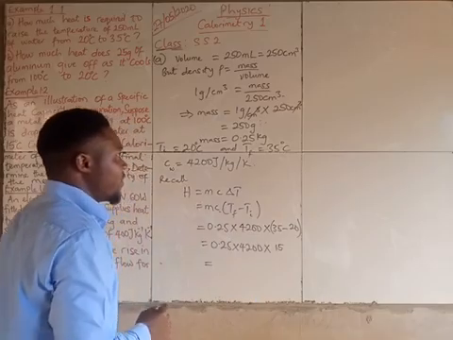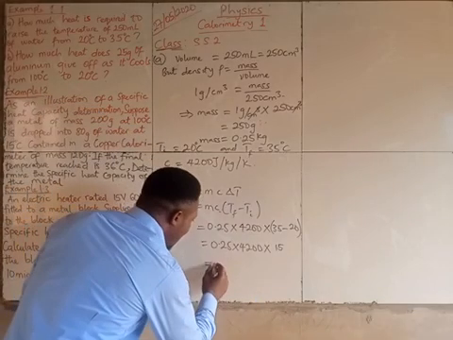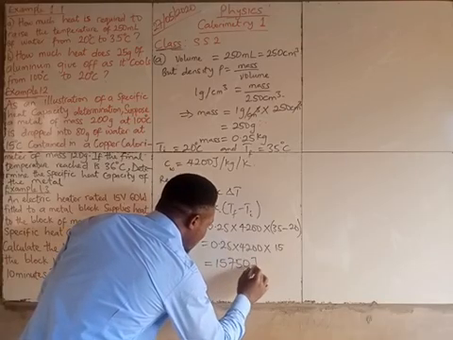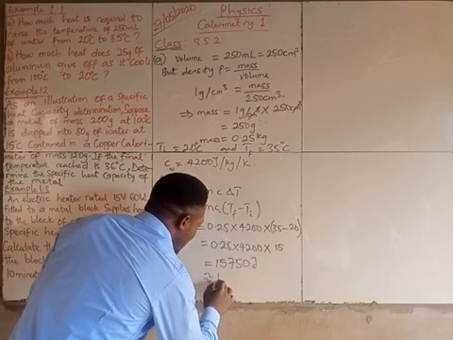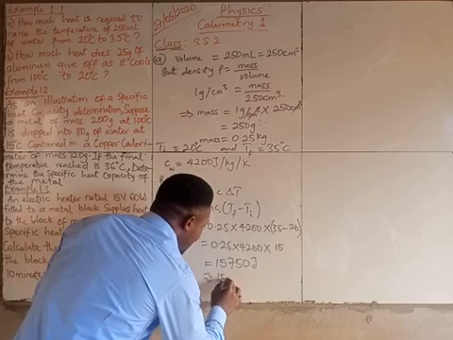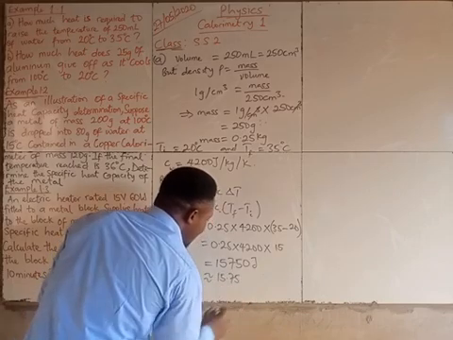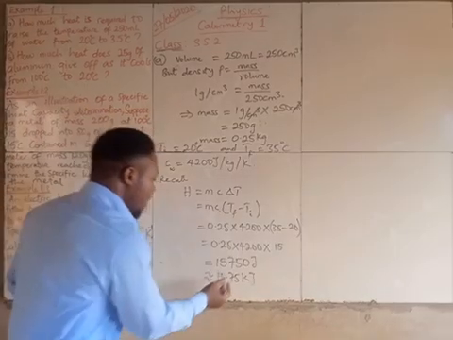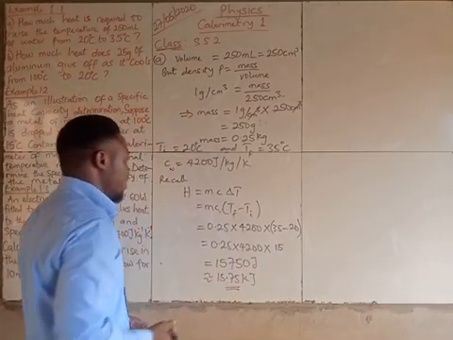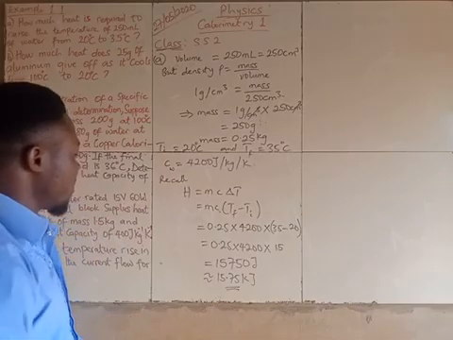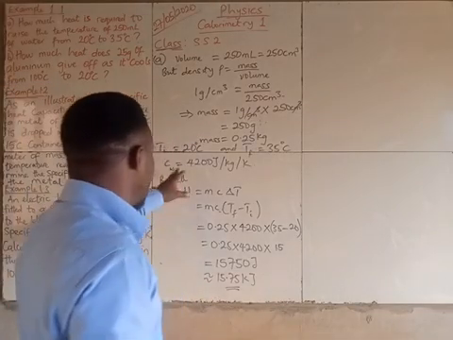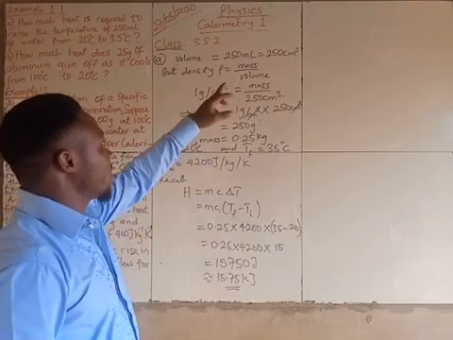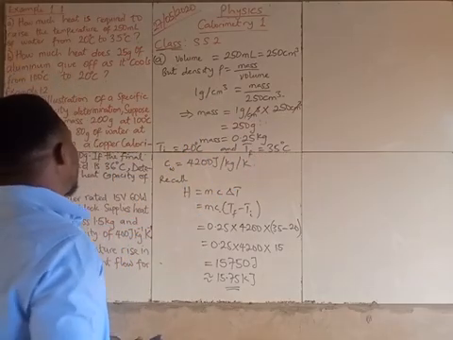If you multiply everything together, we have 15,750 joule, that is 15.75 kilojoule of heat is required to raise the temperature of water from 20 degrees Celsius to 35 degrees Celsius if the water is 250 milliliter.